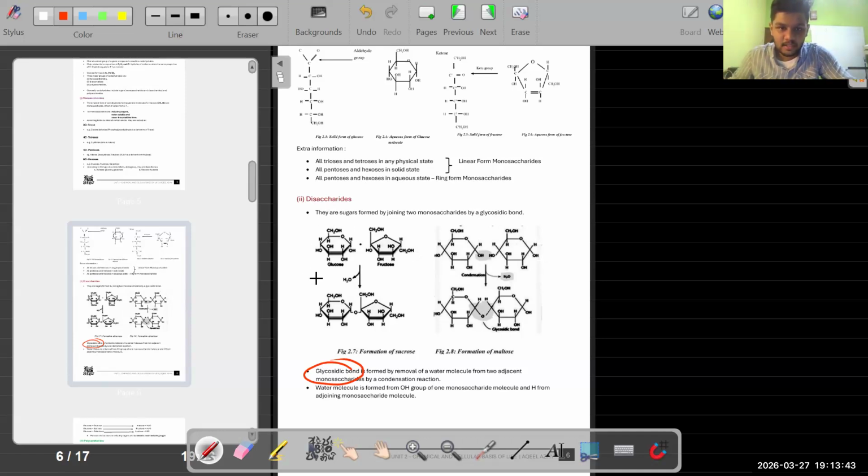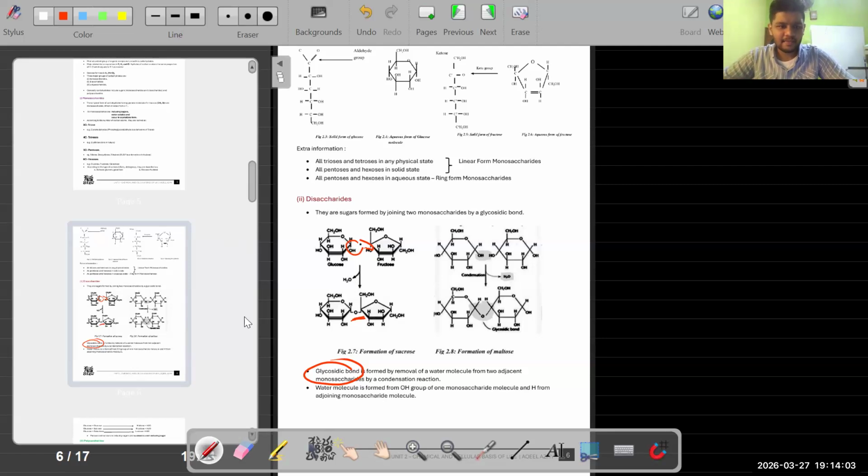If you see here, this is a monosaccharide, this is a monosaccharide, so both monosaccharides react. An OH group and an HOH group will react, and a water molecule will be removed. This is the water molecule, and this bond is called glycosidic, the bond that joins two monosaccharides.